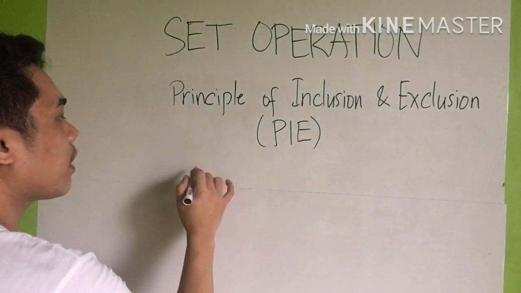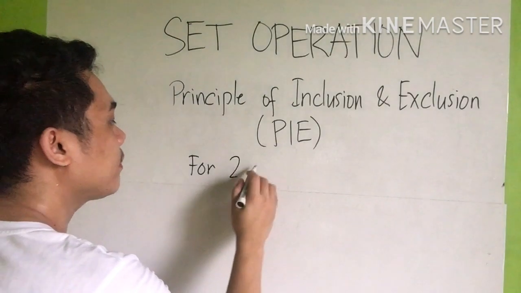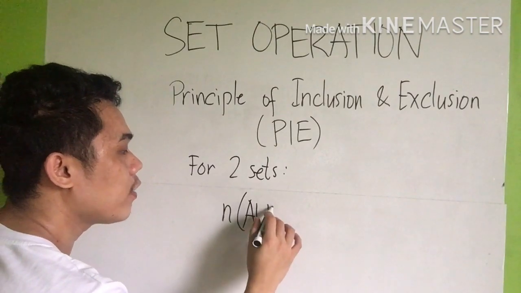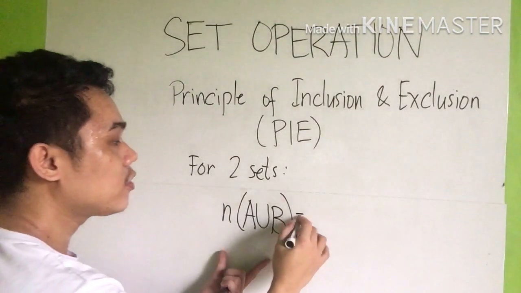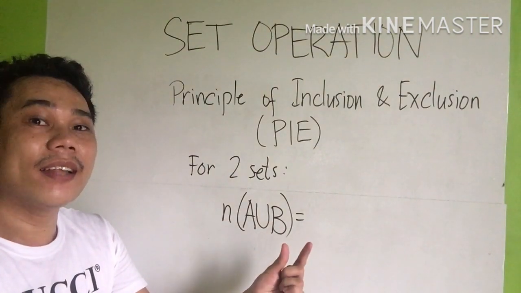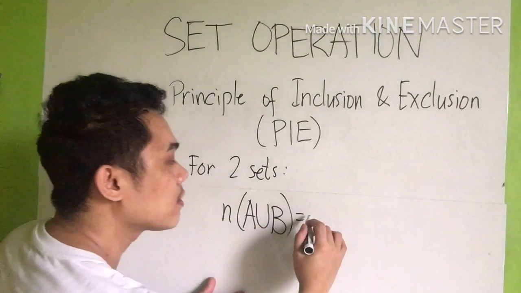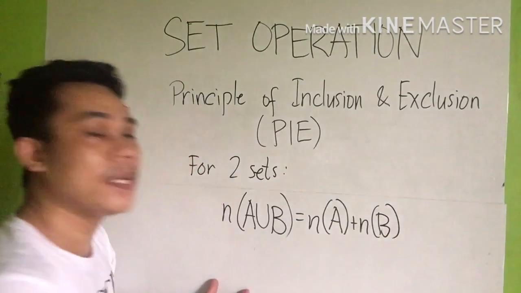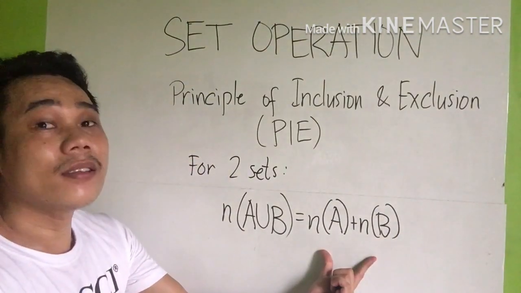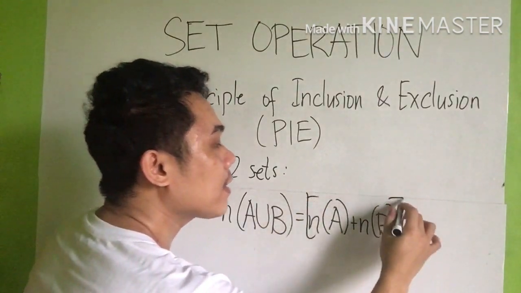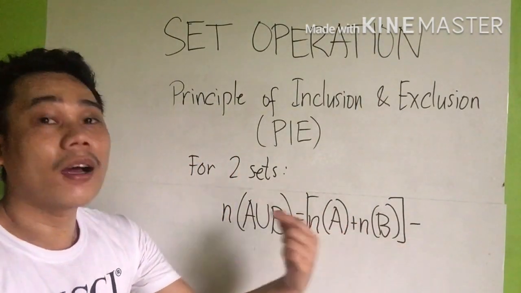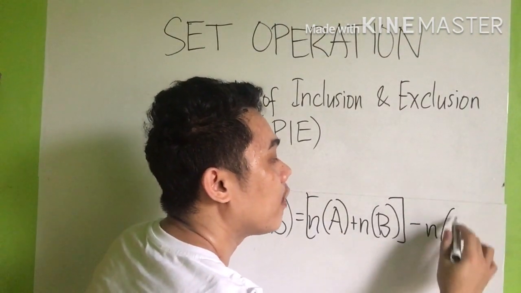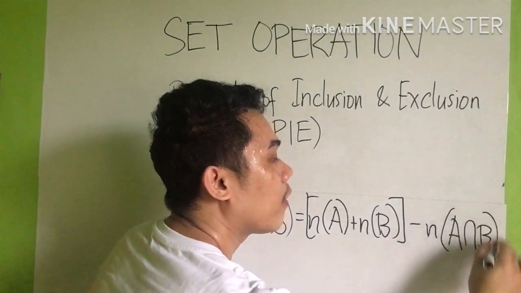For two sets, the cardinality of A union B is equal to the cardinality of A plus the cardinality of B. After that, you subtract the cardinality of the intersection of the two sets.